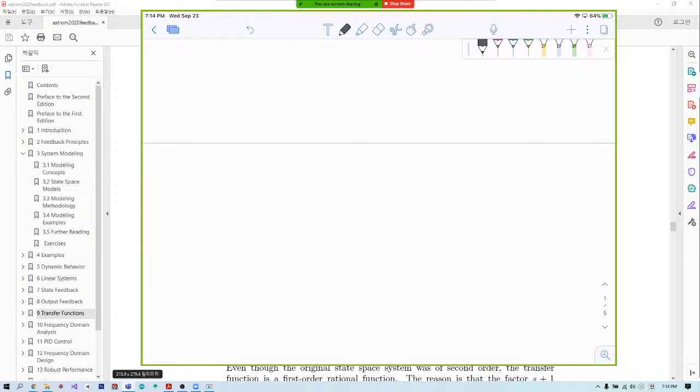Let's try some examples. Here goes our first one. Suppose there's a system that is described by the following differential equation: y dot plus 9 times y equals 5 times u.